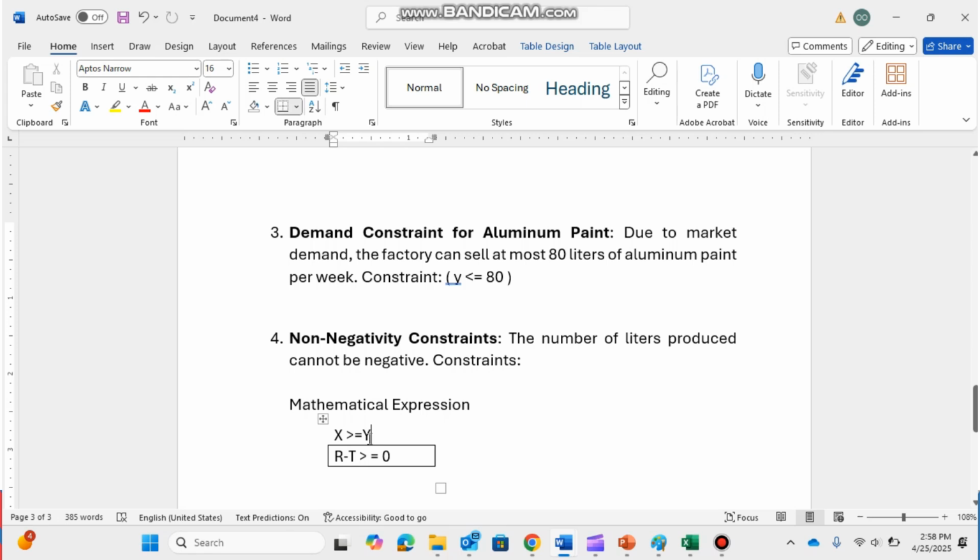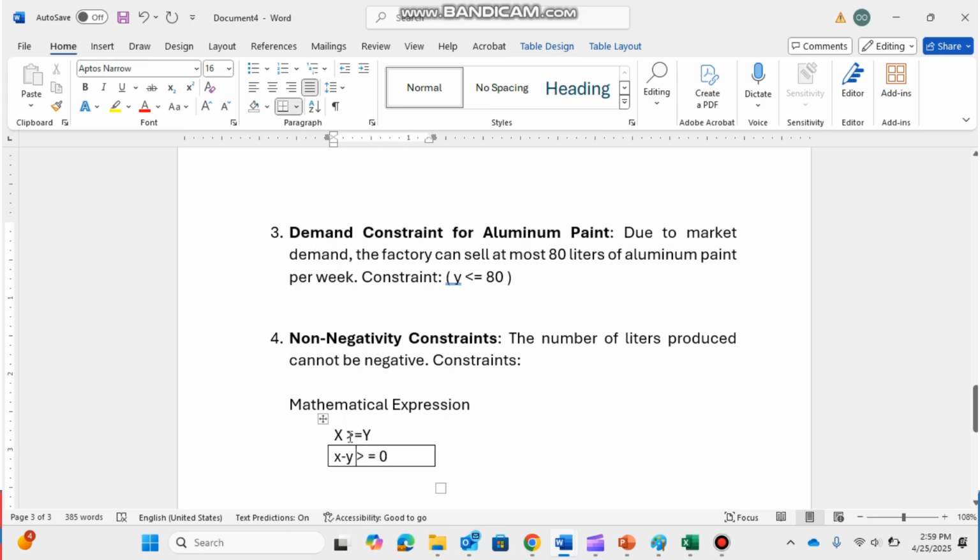In mathematics, when you bring y across the equal sign, it becomes negative. So this is y and this is x. For y, we cross the equal sign and it becomes minus y, and that will be greater than or equal to 0.